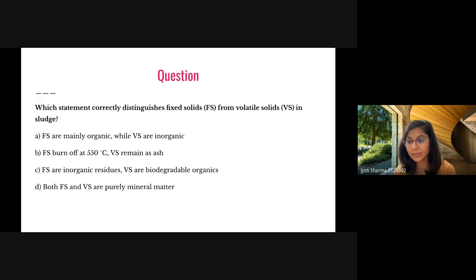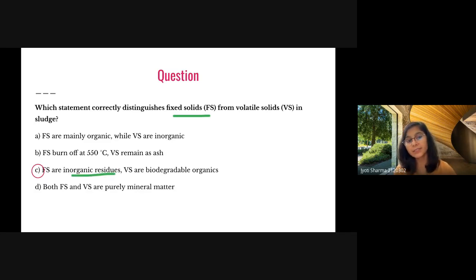Let me see the answers. Priscilla gave me answer C. Okay, so Venkateshwar also gave me C answer. So yes, I also agree with this. If you are talking about fixed solid, so these are inorganic residue.